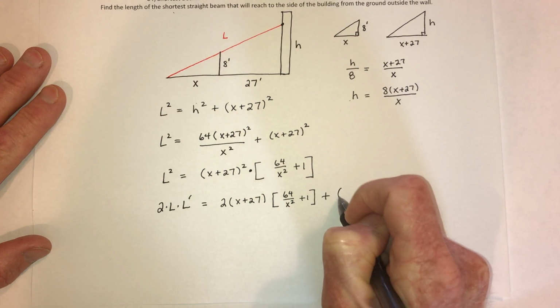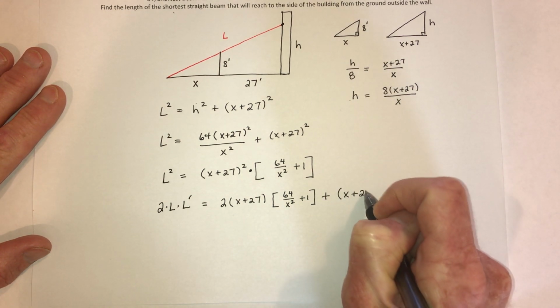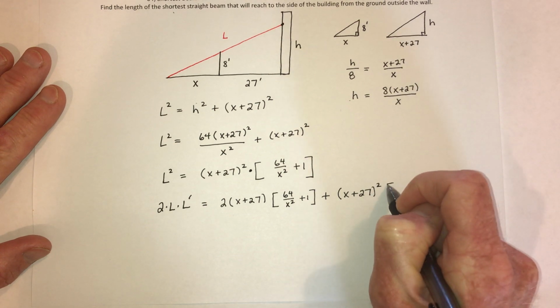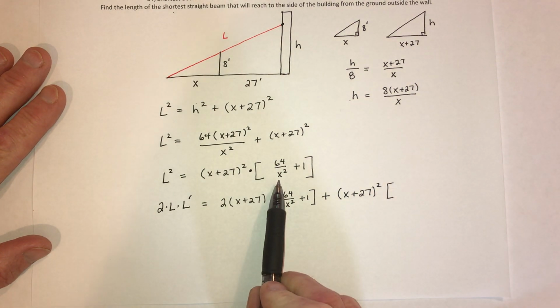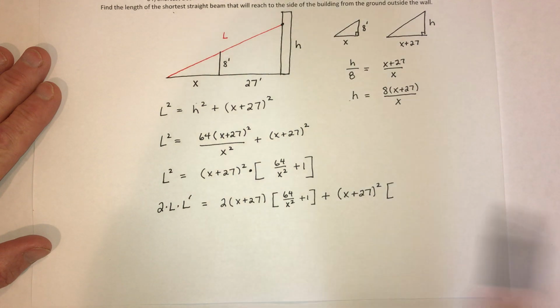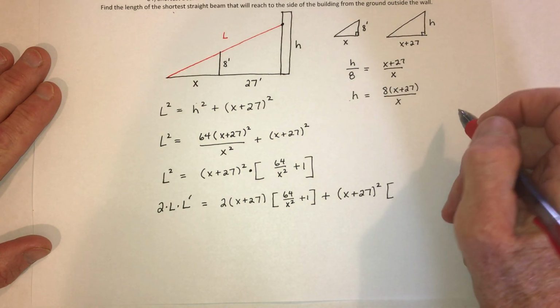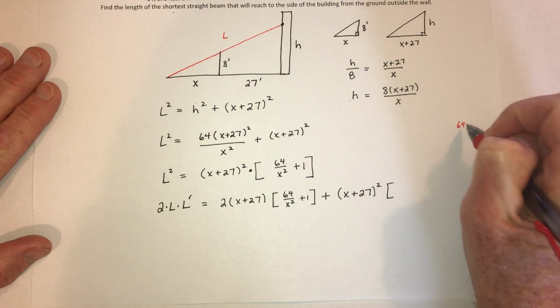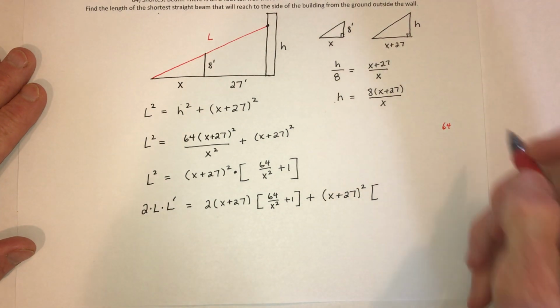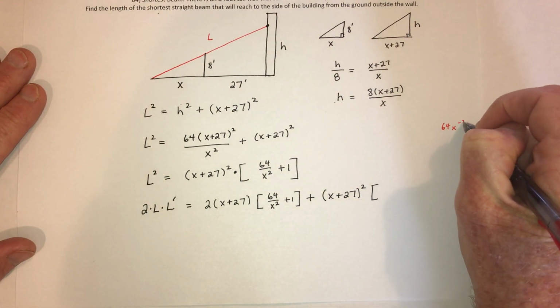And then plus, leave X plus 27 squared alone, and then take the derivative of this. Well, this is like having 64X to the negative 2.